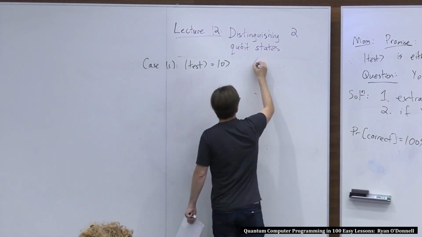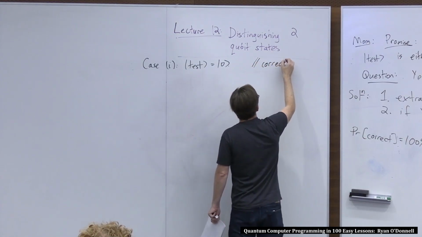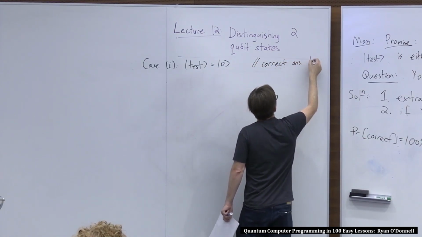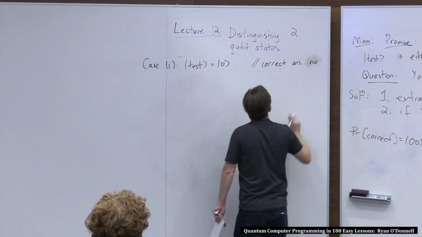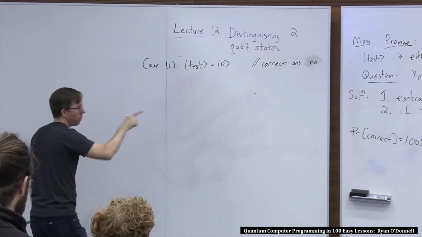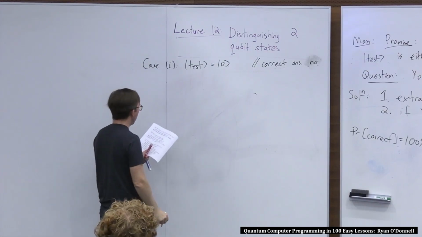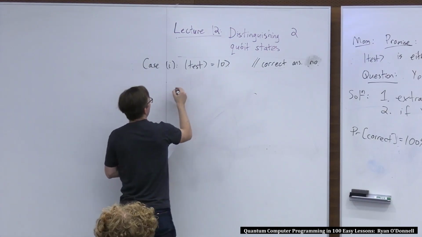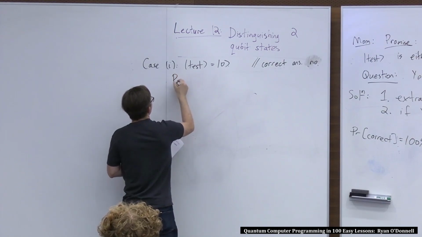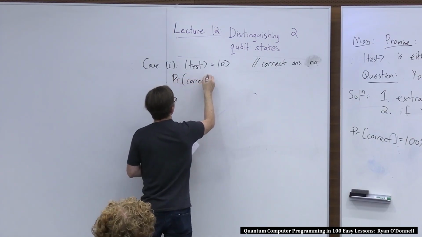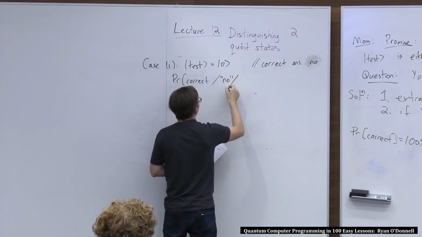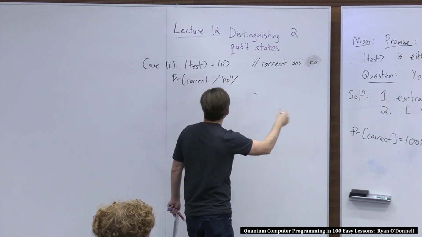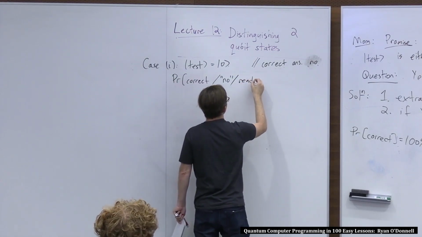In this case, the correct answer that the TAs hope you output is no. What is the probability that this algorithm outputs no? The probability that you're correct, which is the probability that you output no, is by definition of the algorithm the probability that the readout is 0.